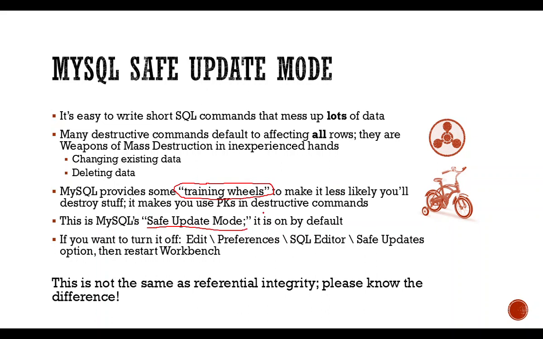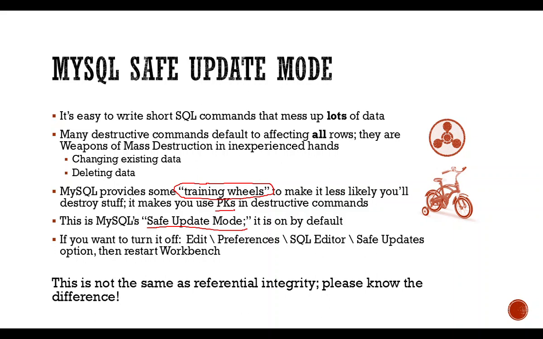Safe update mode says, hey, I know that you're new at this, you're very likely to make a mess, so I'm going to put on the training wheels so that you have to be a little more specific. You have to be more specific by using primary keys to make sure that you know what you're talking about, that you pinpoint the data that you're going to change, right?